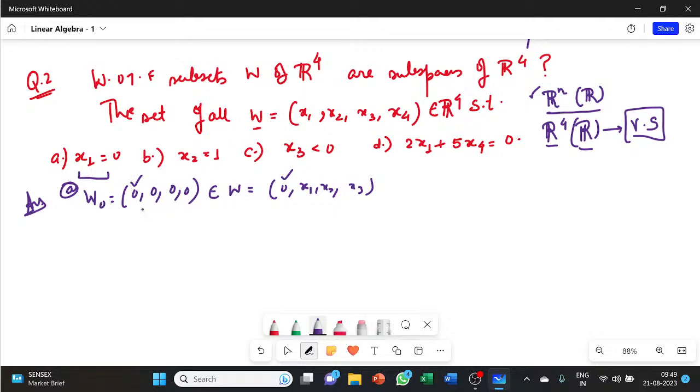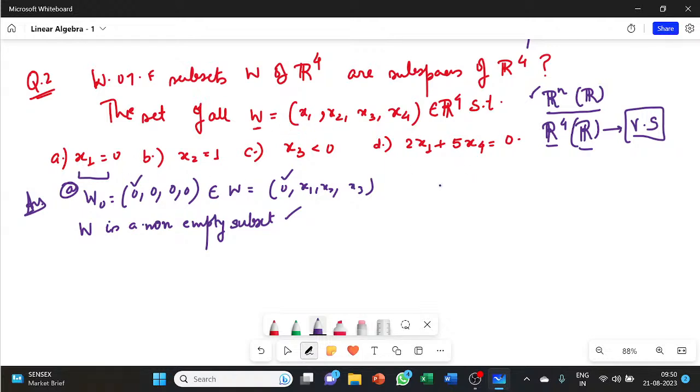So we have the element 0, 0, 0, 0 which belongs to W, which implies that W is a non-empty subset. Because the first coordinate is 0, this does belong to W.